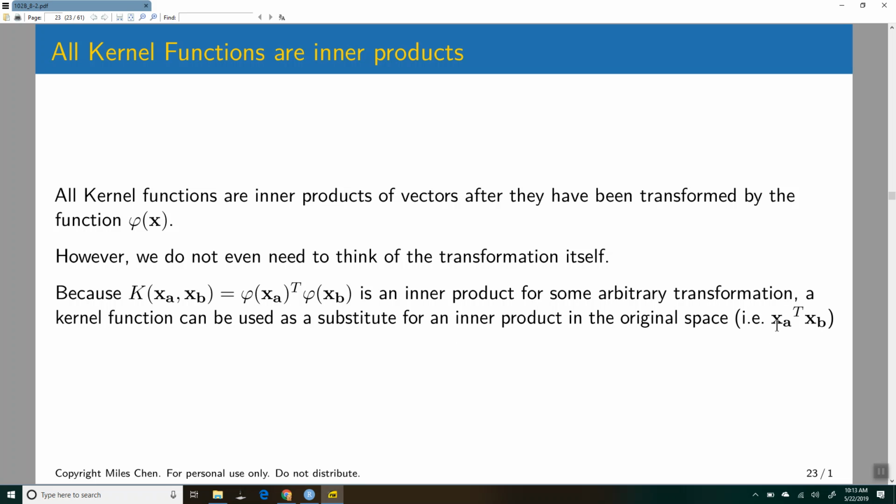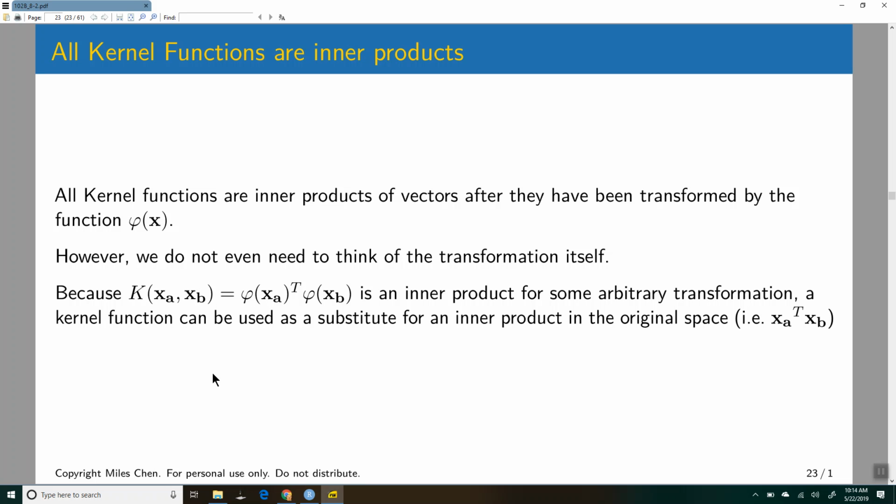So if in the original space you see an inner product like xa transpose xb, you can replace it with the kernel. Basically we're asking what would happen if we transformed xa and xb using some arbitrary function phi, which we don't even have to worry about. We can pretend we've got this phi function and then just replace it with the kernel function equivalent.